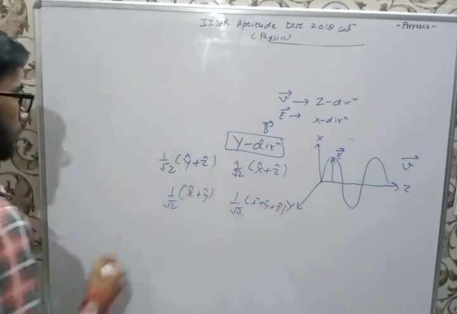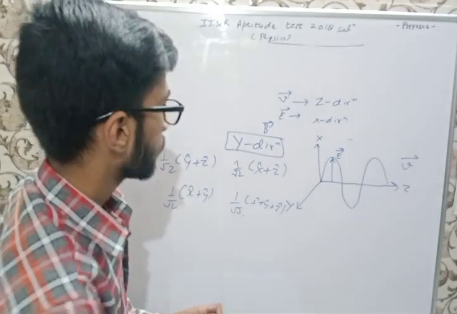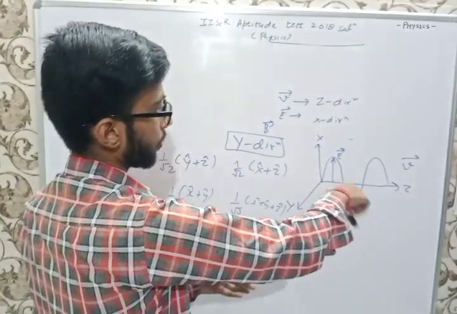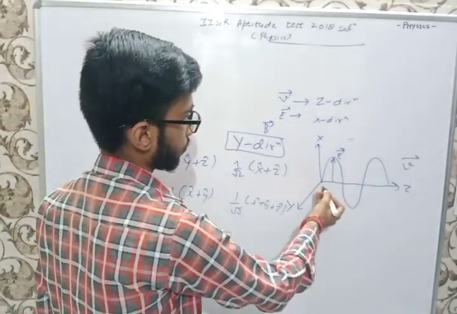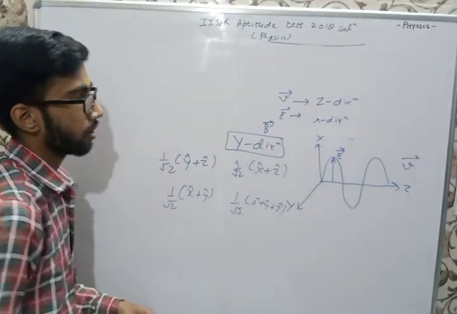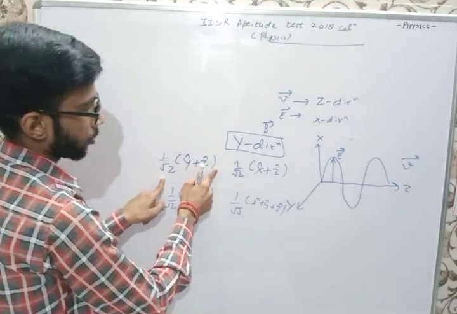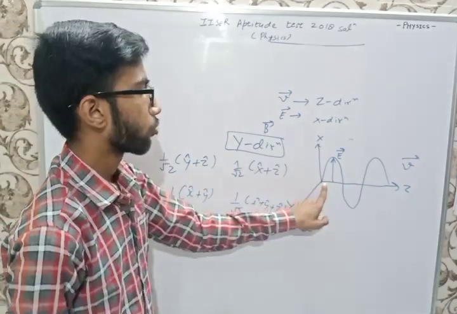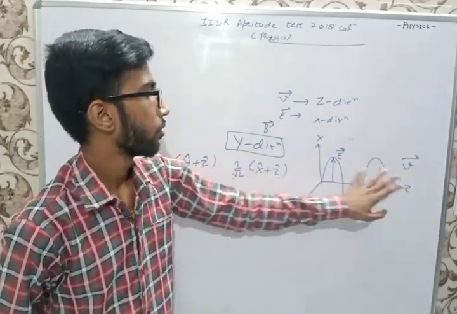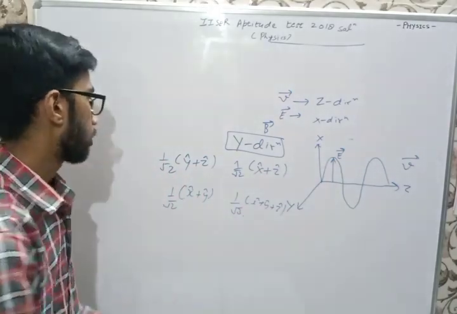It simply means that the vector is in the yz plane, passing through the midpoint. It cannot be the direction of the magnetic field, because it is not perpendicular to the velocity vector or the electric field vector. So it is wrong.